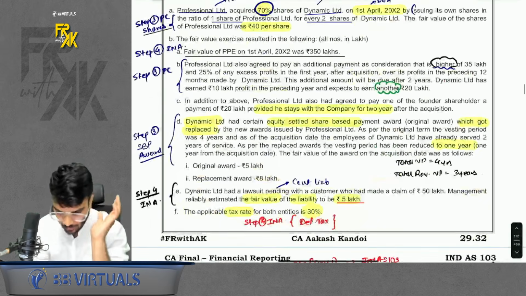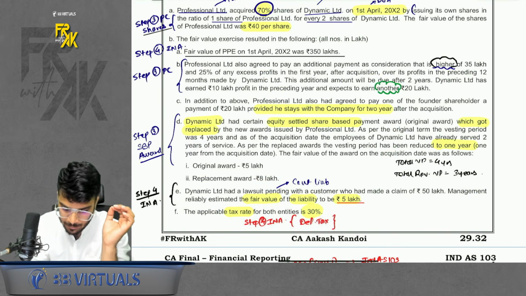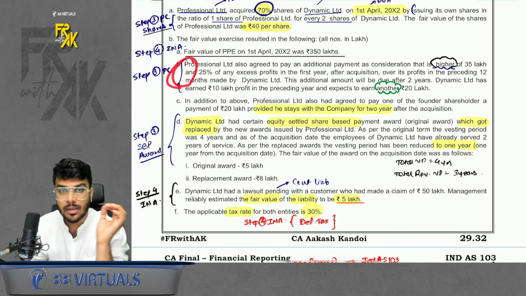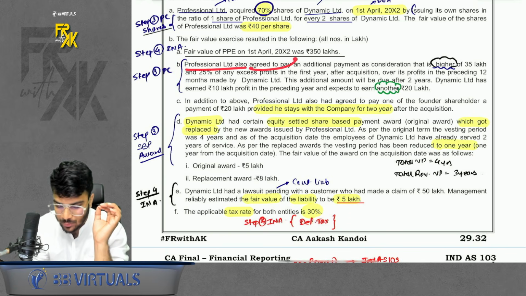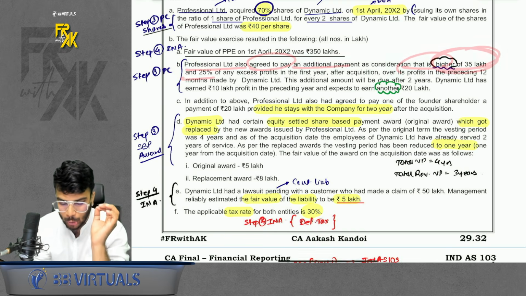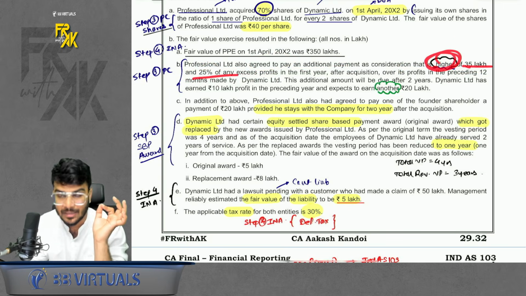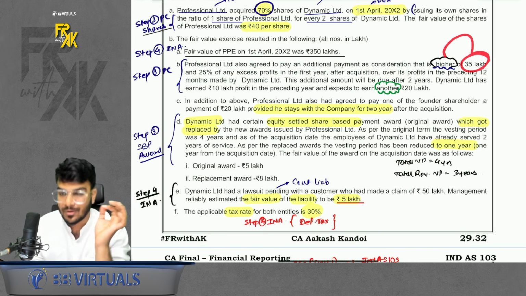Then the most important adjustment of this question is that B part, where it says Professional Limited also agreed to pay an additional consideration that is the higher of 35 lakhs or 25% of excess profits. When it says higher of 35 lakhs or this much, can I say minimum 35 lakhs you have to pay?